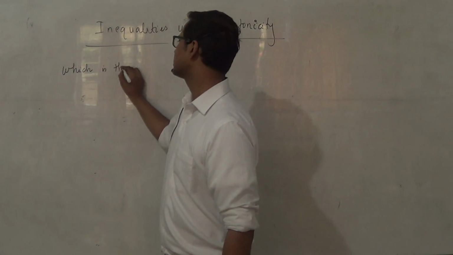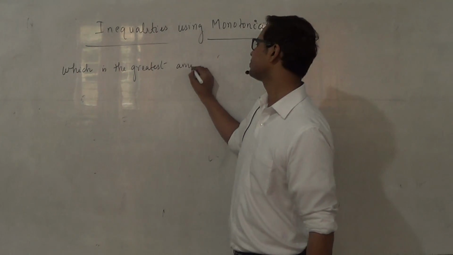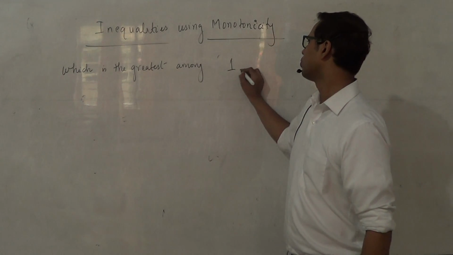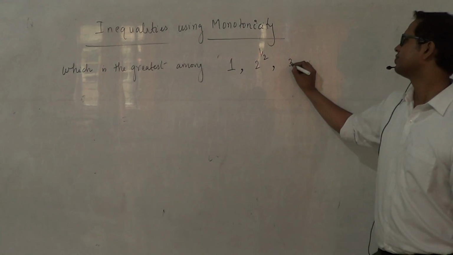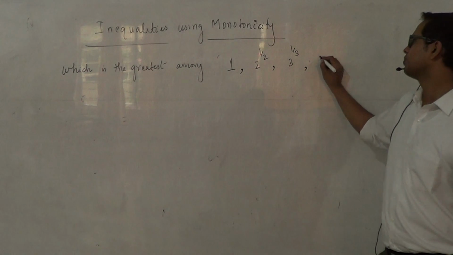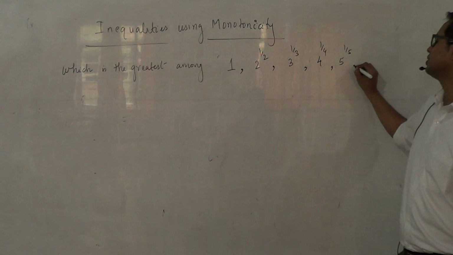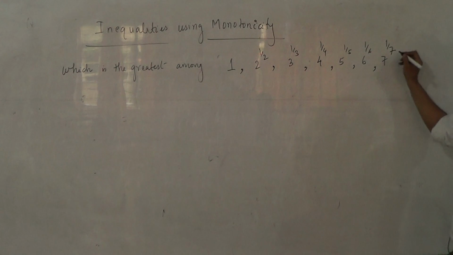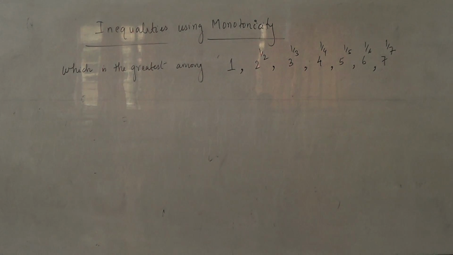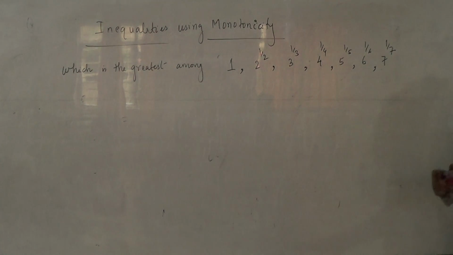Which is the greatest among 1, 2 to the power half, 3 to the power 1 by 3, 4 to the power 1 by 4, 5 to the power 1 by 5, 6 to the power 1 by 6 and 7 to the power 1 by 7? Question is, which of these has the greatest value? And don't try to use calculator now.